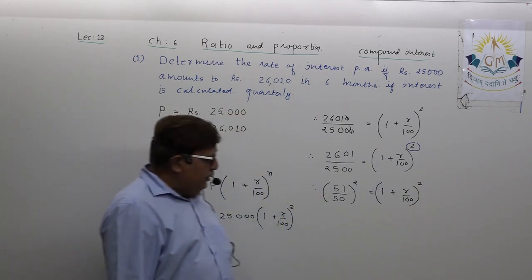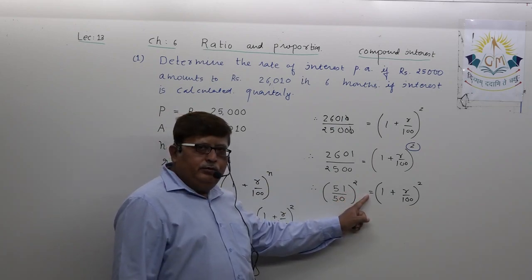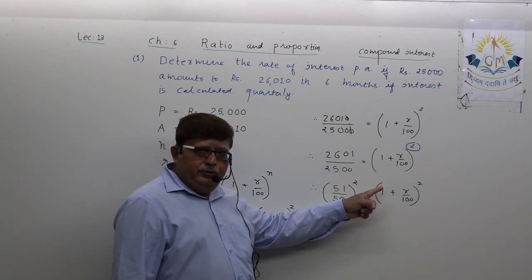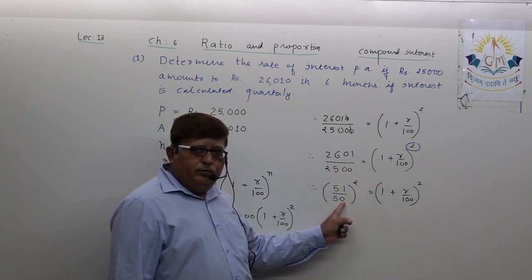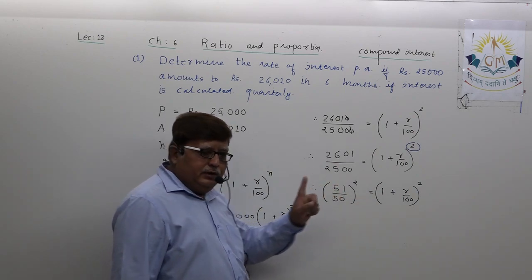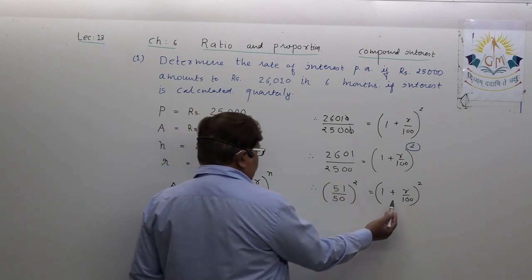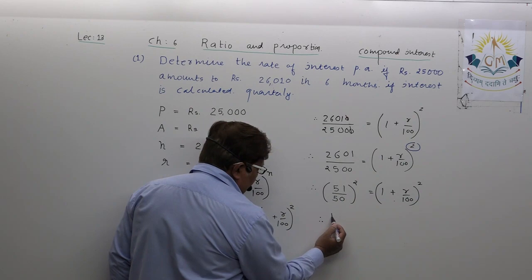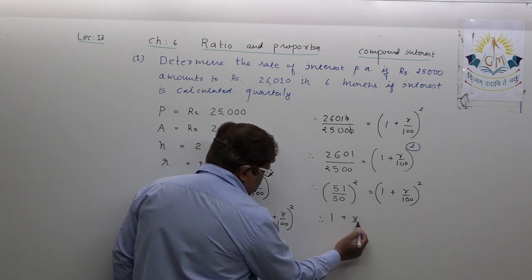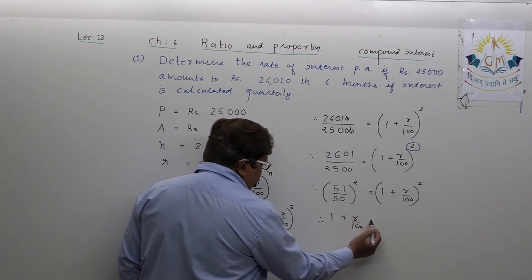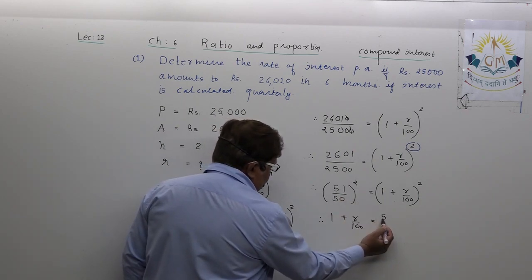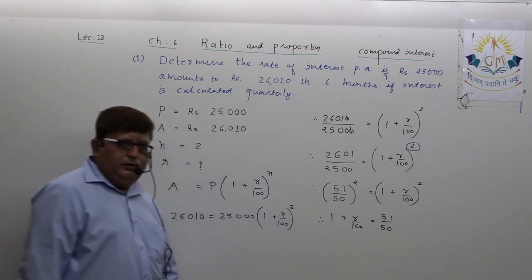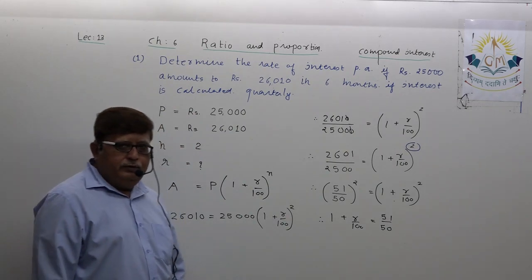Now, between the equal sign, the powers are similar, so the bases can be compared. Therefore, 1 plus r upon 100 equals 51 upon 50. Is it clear, the steps involved in this?